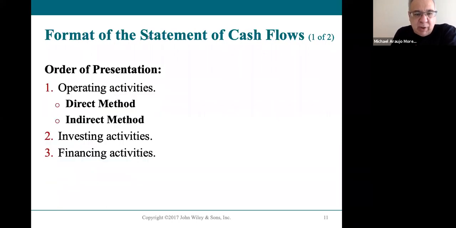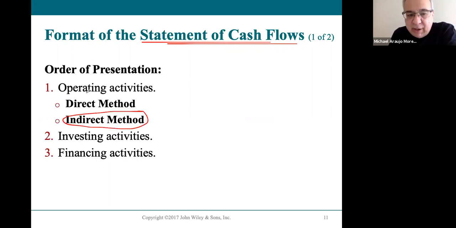It's very important to understand we will be putting together statements of cash flows. That's a big thing that you need to know. It's the only financial statement we haven't really looked at in any detail until now. So you will be doing this, and just like the other statements, they take a little bit of time to get used to. We're going to be learning very specifically the indirect method of doing operating activities.